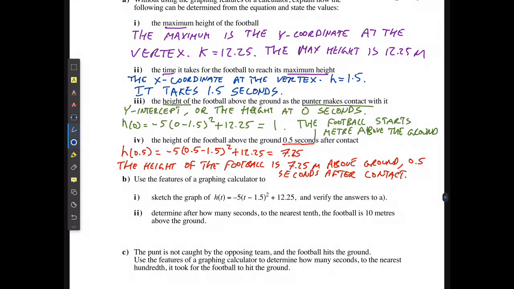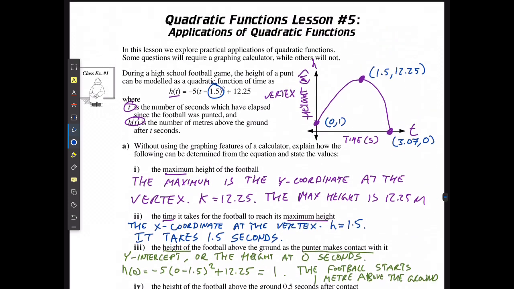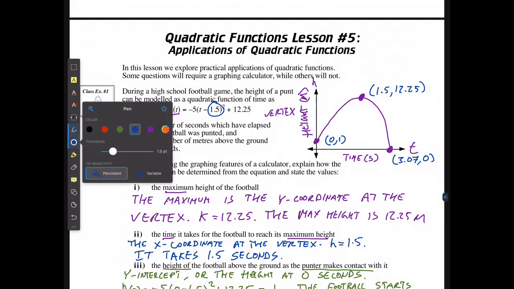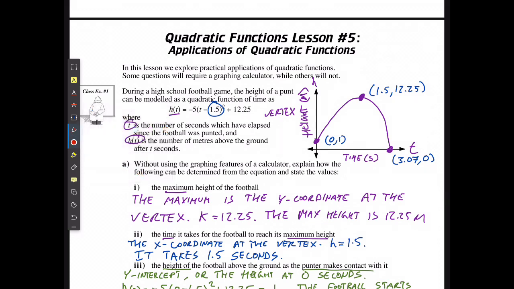If I want to determine after how many seconds to the nearest tenth the football is 10 meters above the ground, then I'm going to put in a second equation where y is equal to 10. And then I'm going to solve for the points where these two equations intersect.